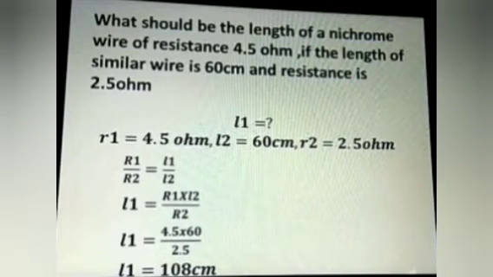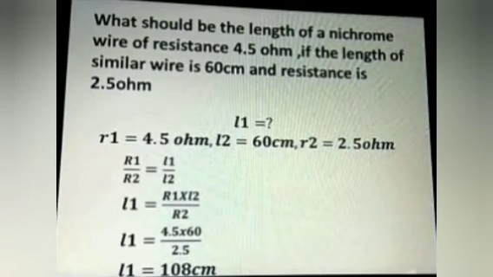So, here given R1 is equal to 4.5 ohm, L2 is equal to 60 centimeter, R2 is equal to 2.5 ohm. Based on this relation, R1 by R2 is equal to L1 by L2. We can find L1 is equal to R1 into L2 the whole divided by R2.